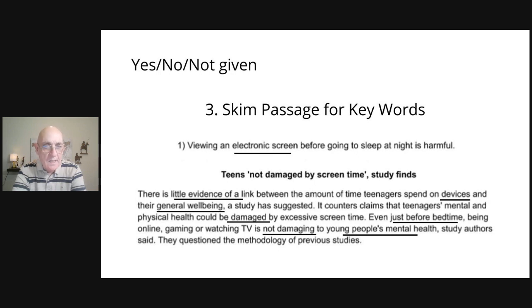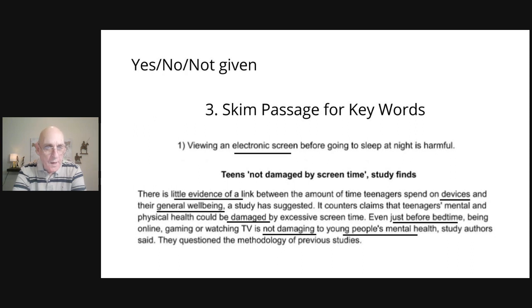And then we see even just before bedtime. And even that little word even shows that there's more of an emphasis on this. It says even just before bedtime, TV is not damaging.